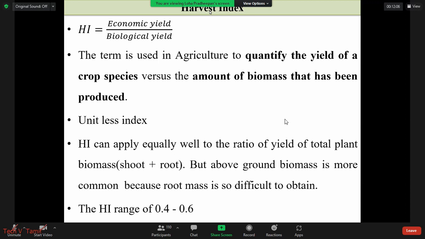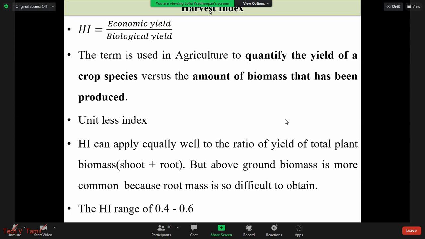In that case, if we divide the economical yield over the biological yield, the bottom is the bigger value, so the result should always be less than 1. So if you are asked to calculate the harvest index and you observe a value like 1.5 or 1.6, you have to realize you have made some mistake in your calculation, because it should always be less than 1.